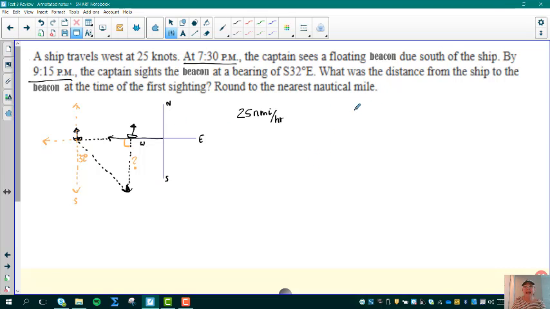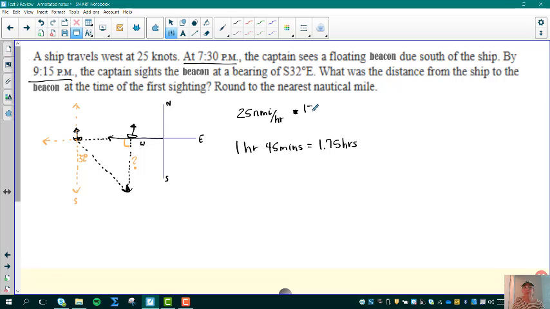So 1 hour would get us to 8:30, and then to 9:15 would be 45 minutes, which is the same as 1.75 hours.